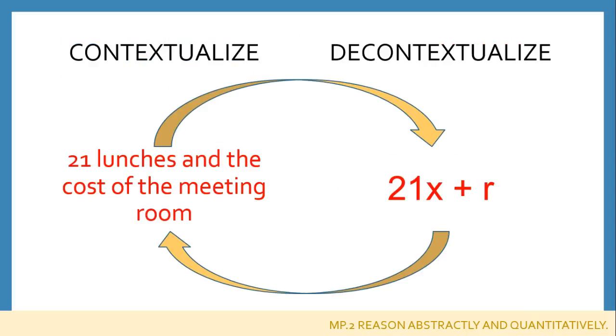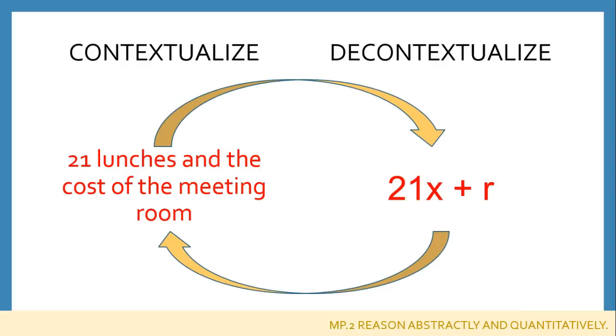Before we continue to discuss the second and third features of Mathematical Practice 2, Reason Abstractly and Quantitatively, let's look at the meanings of two key terms used in the description of this practice: contextualize and decontextualize. When we ask learners to decontextualize, we are asking them to think of the given problem in an abstract way.